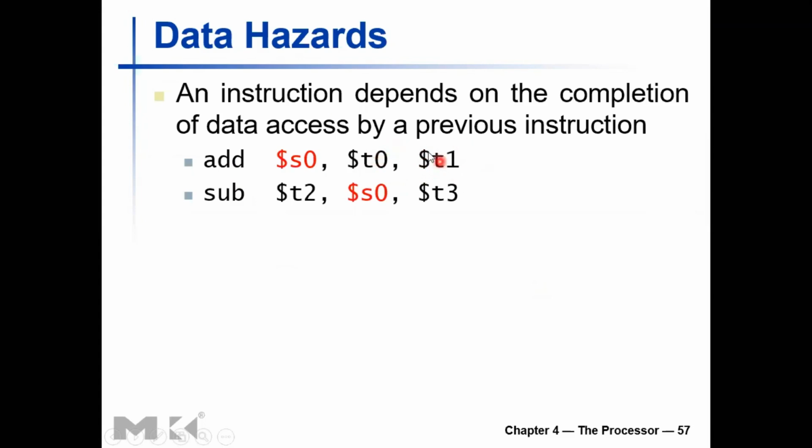Add these two registers together and save the result in a register labeled $s0. Then add $t3 and $s0, the newly computed value saved in register $s0, and save the result in $t2. Note that we are computing a value and putting it in a register, and right after that, we are trying to use that newly computed value.